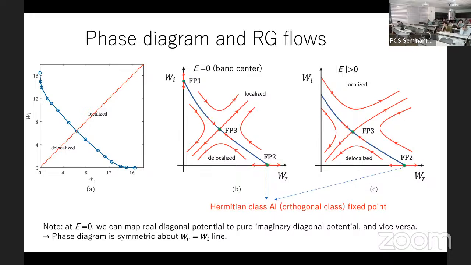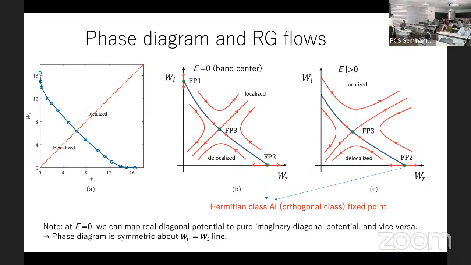Usually we start with the Kubo formula conductance calculation, take the retarded and advanced Green function pairs and reduce it to the nonlinear sigma model. This starting point is a bit non-trivial in the non-Hermitian case. We don't know whether the Kubo diagram is a good starting point to derive the nonlinear sigma model for non-Hermitian systems.